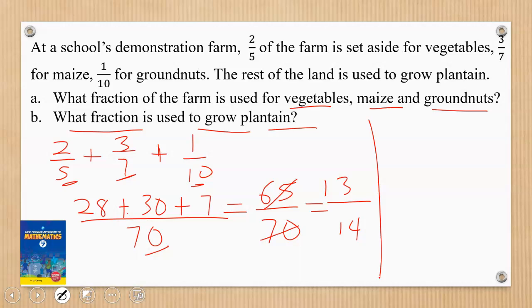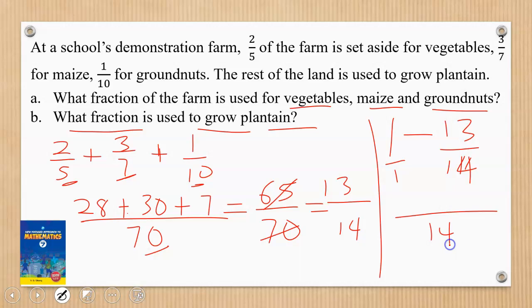Okay, and that is simply 1 minus 13 divided by 14, because if the whole land is used for maize, vegetables, and groundnuts, the remaining portion is going to be this. So when we do a simple subtraction, we are going to have 1 here.